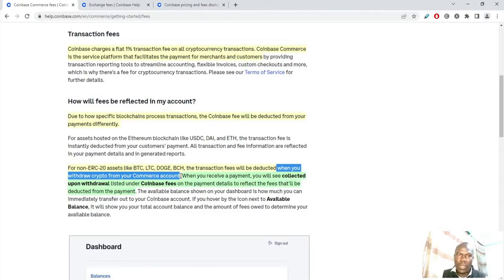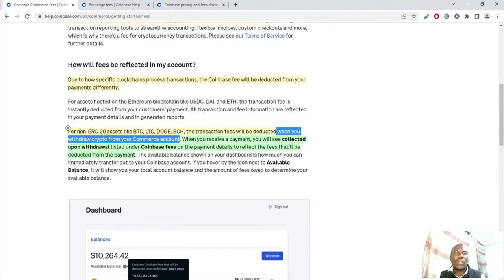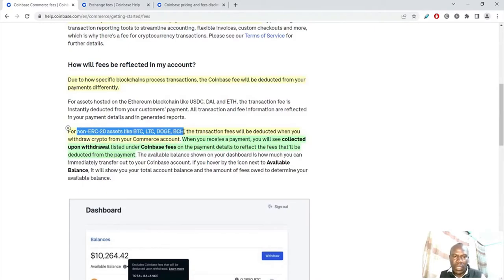When you receive a payment, you will see "collected upon withdrawal" listed on the payment details to reflect the fees that will be deducted from the payment. That's what happens when you have a non-ERC-20 asset like Bitcoin, Litecoin, Dogecoin, or Bitcoin Cash.